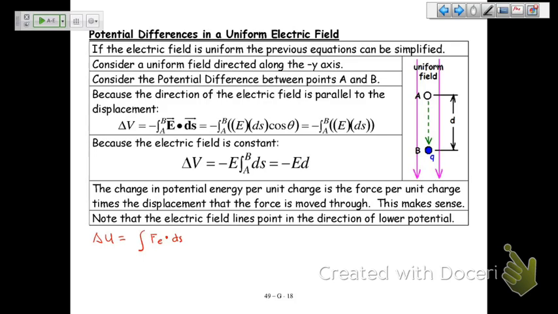And what they're saying then is, if we divide both sides by Q, we get delta V is equal to the integral of E dot ds. That's where that comes from. They prefer to approach it from that point of view, because you're familiar with potentials and you can measure them. You can't so easily measure potential energies.